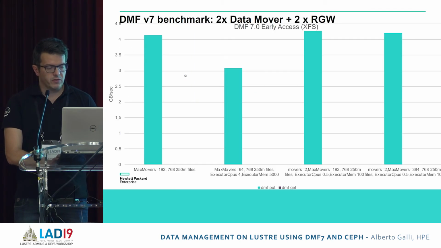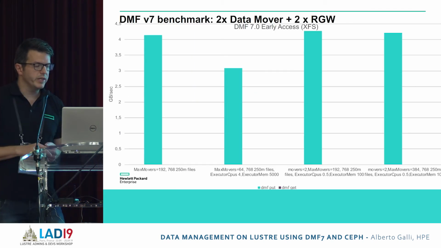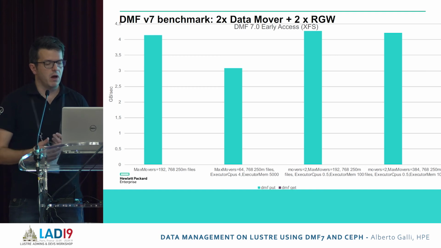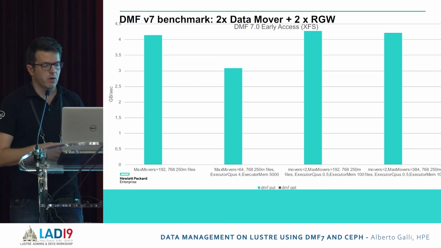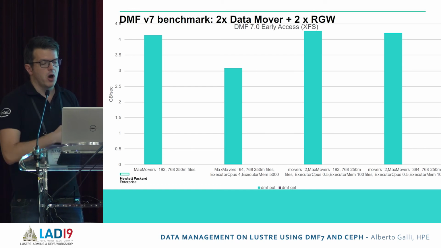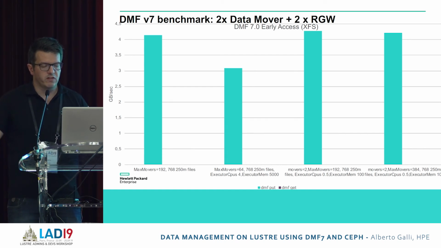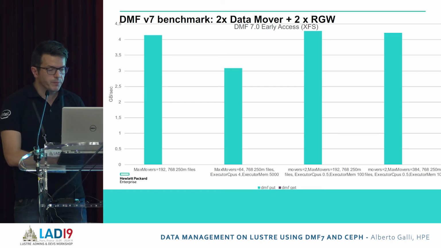So, coming back to here, what we did was some benchmarks using two Rados gateways on an object store, for that project, and two data movers on DMF. That means two instances of the containers within DMF doing data movement. And we did some experiments.